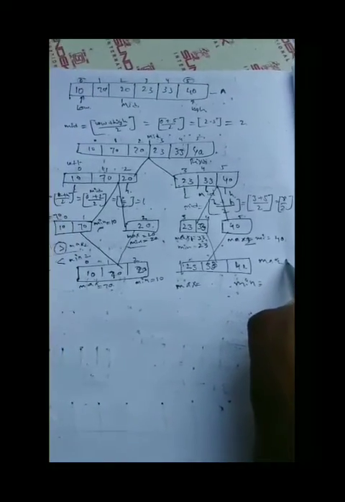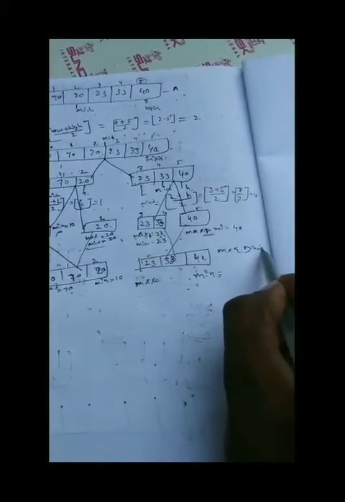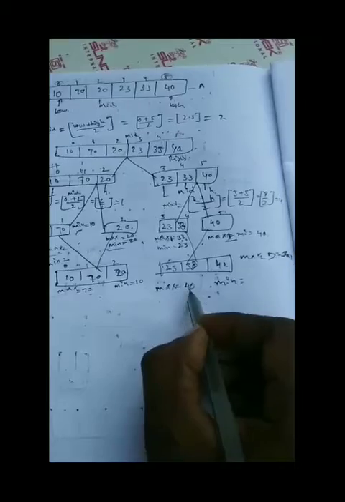Same process: take max 1 and max 2, and max 2 is greater than max 1, so we take 40 as the maximum for this list.